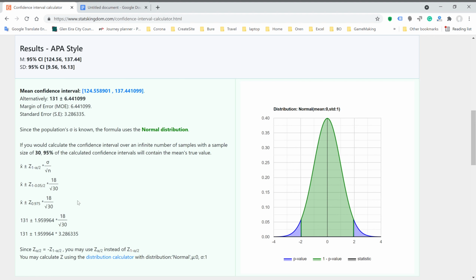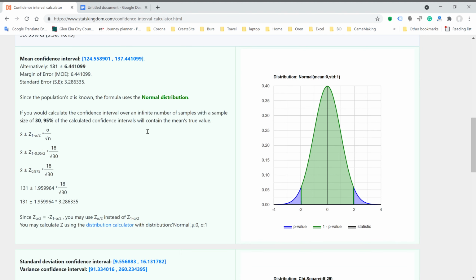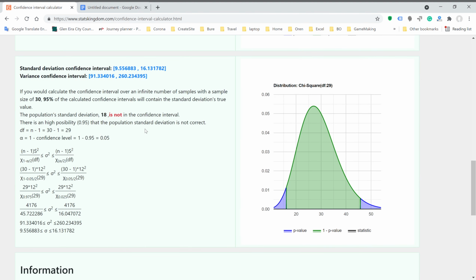And once again, we can see the confidence intervals in APA style and some information about it. Now you can see that it's a little bit different than the one before. Because here, since the population's standard deviation is known, the formula uses the normal distribution rather than the t-distribution from before. And again, we can see the derivations.